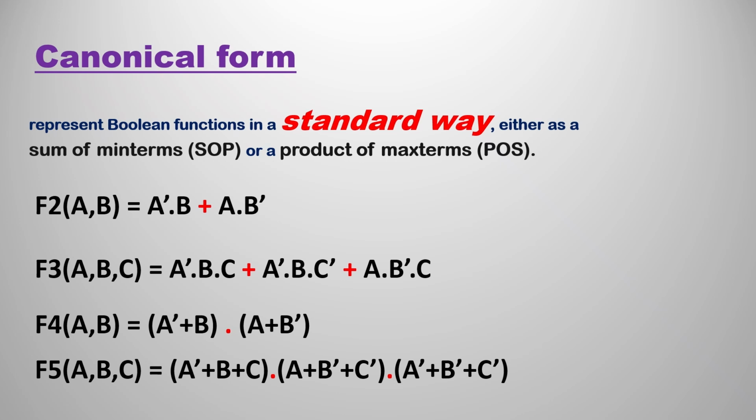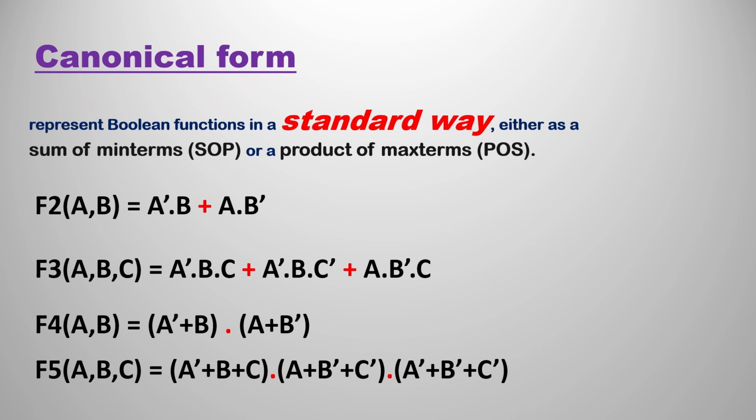In the bracket itself we have three variables a b c. In all three terms also we have a b c. The first term we have a b c, in the second term we have a b c, in the third term we have a b bar c. Whether we have complement form or true form doesn't matter, but you should have three variables in every product term.